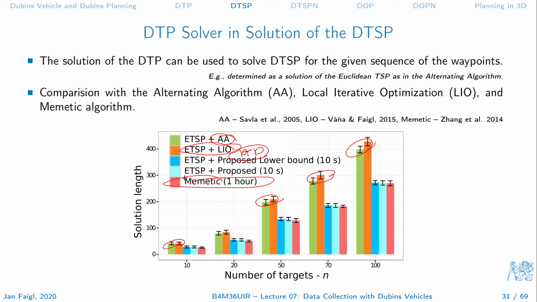Quite surprisingly, the memetic algorithm actually optimizes the sequence. And we can see that there are some cases where the sequence really matters, but the solution of the DTP in the memetic algorithm is poor, while in this approach, we use this tight lower bound to inform the sampling, and we get very competitive results. It was quite promising.